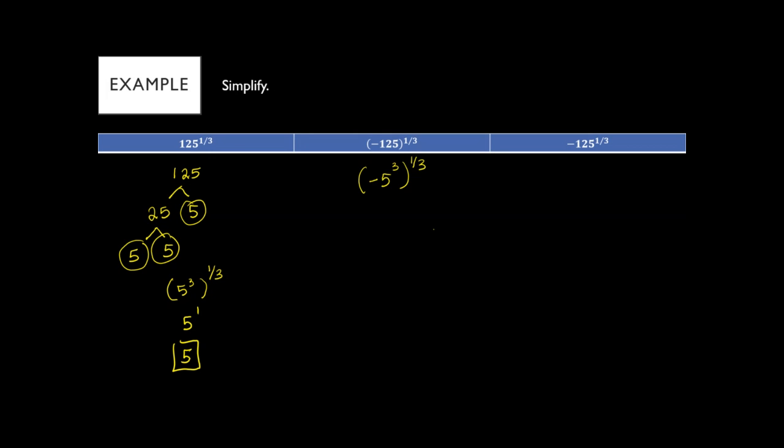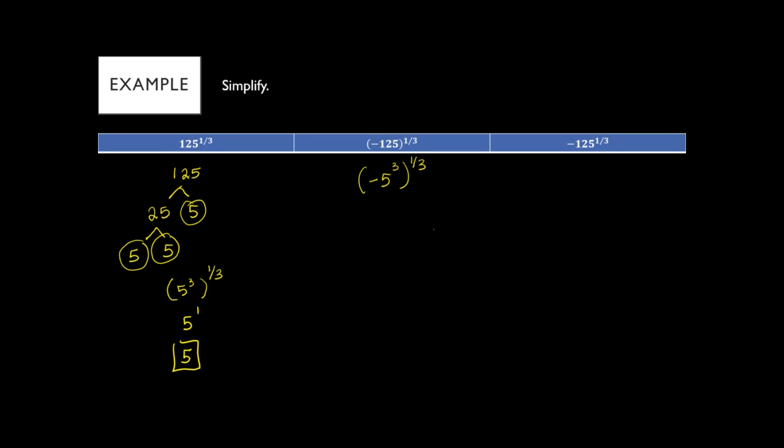And with roots like this, 1/3 or 3, if the denominator is odd, you can have negatives basically in there. If the denominator is even, that's where you have to think about having complex numbers or not a real number. So it's the same with the rules of exponents. If it's an even root, you have to worry about negatives.